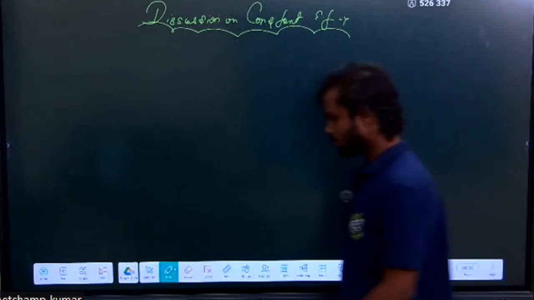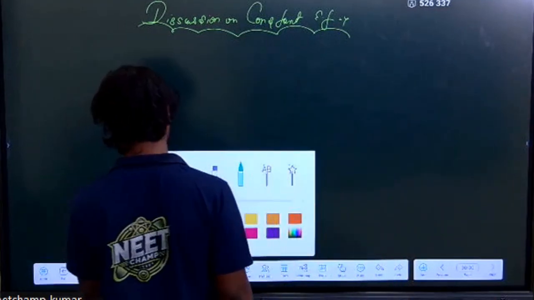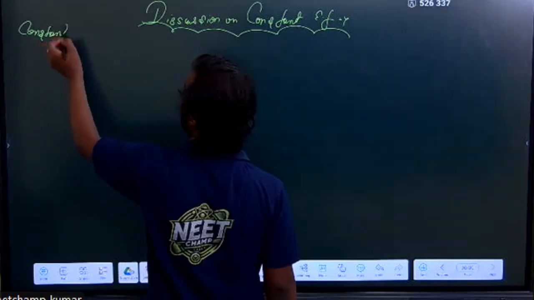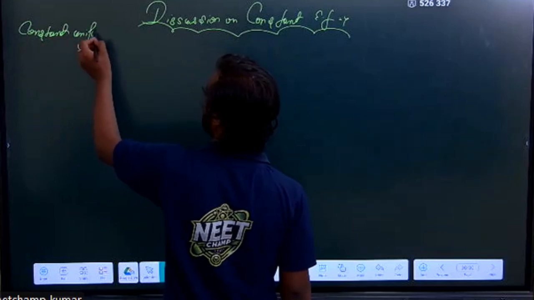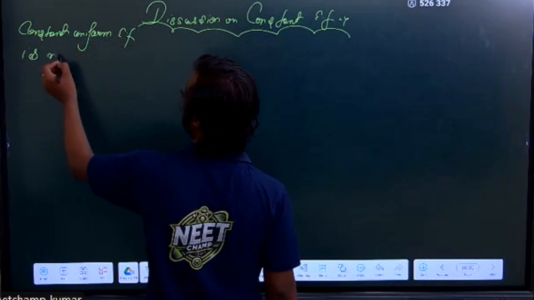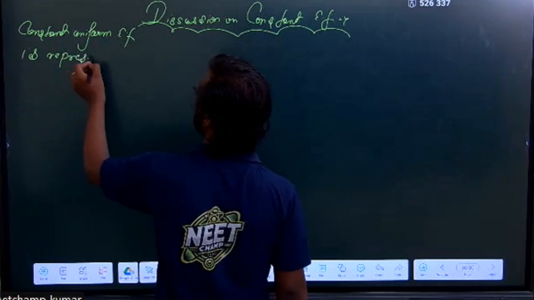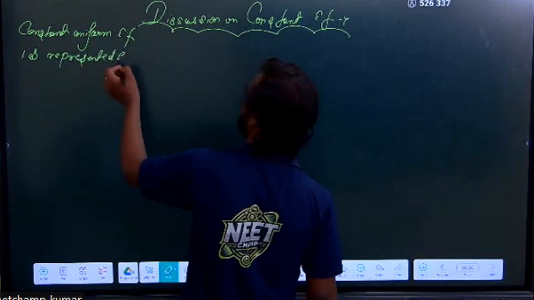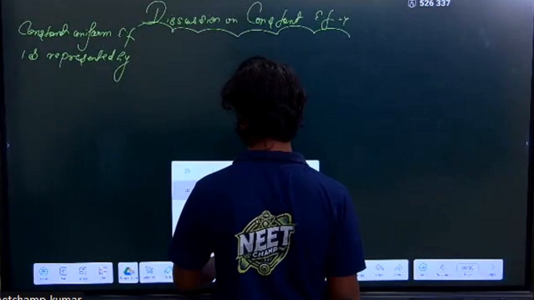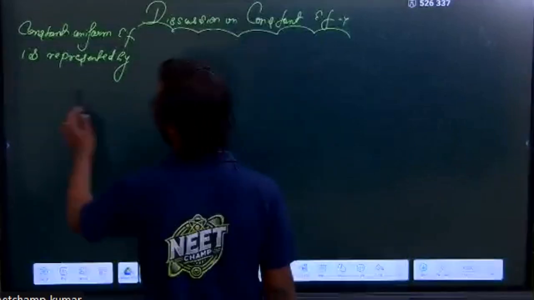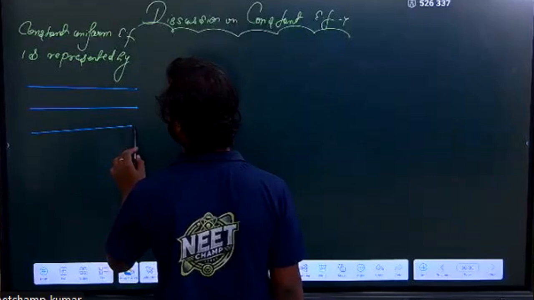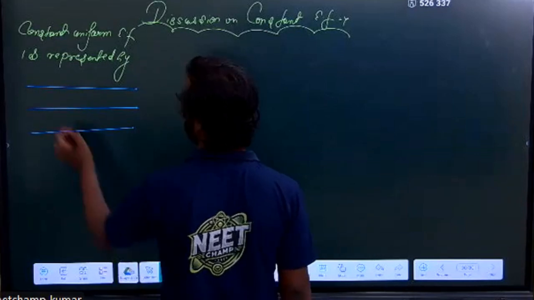See, a constant, or you can say uniform, electric field is represented by... how is it represented? How do we represent a constant and uniform electric field? By parallel lines, right? Equidistant parallel lines are used to represent the electric field.